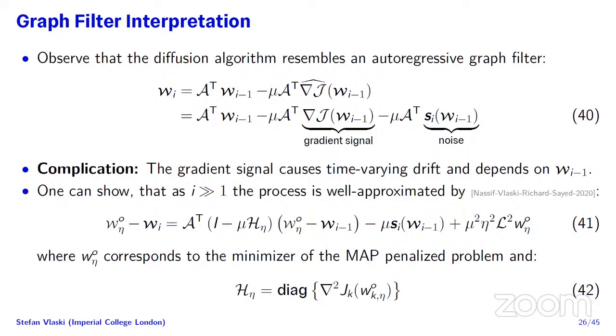So in terms of this complication that I mentioned, which is that what's driving your system is the gradient, which is a nonlinear function of WI, this is essentially a technical complication. You can very rigorously show, and this requires some proof, that this process, which is driven by this nonlinear function, the gradient, you can approximate by a linear autoregressive process where now this is a constant, and you're now just driven by a zero mean noise process, okay?